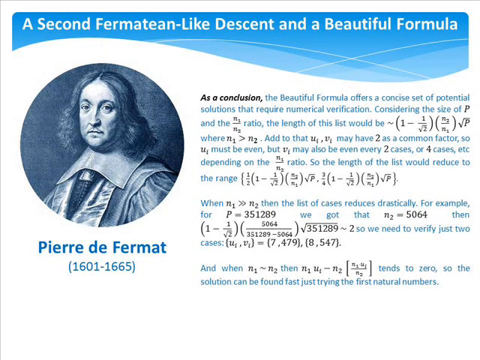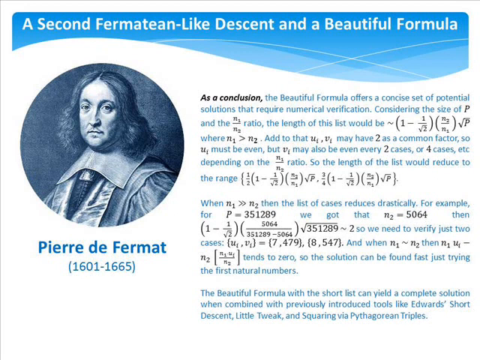And when n sub 1 is very much the same as n sub 2, then the solution can be found fast, just trying the first natural numbers, as n sub 1 times u minus n sub 2 times the absolute value of n sub 1 times u over n sub 2 tends to 0.